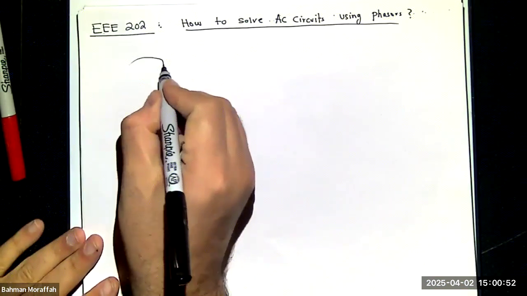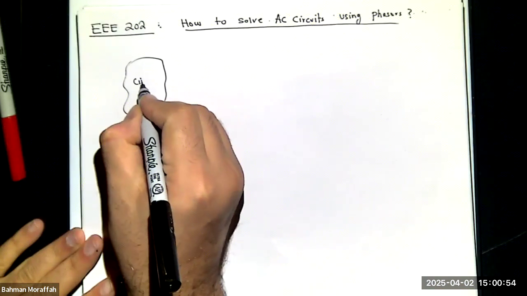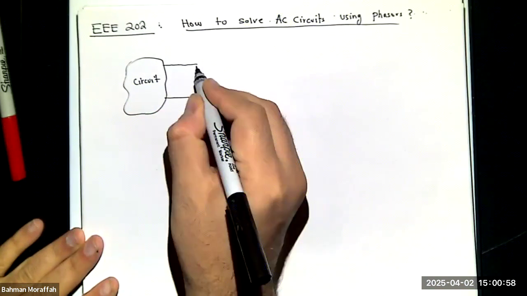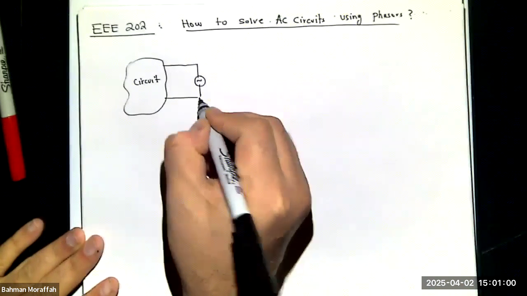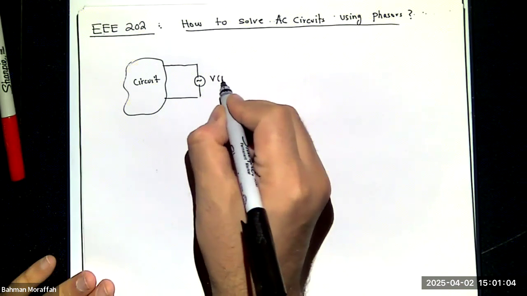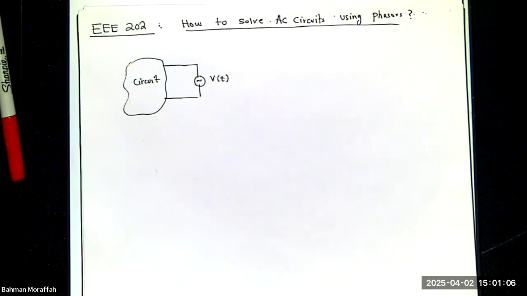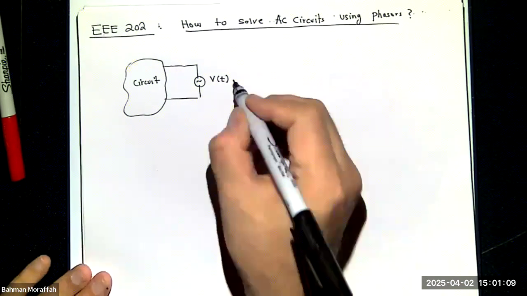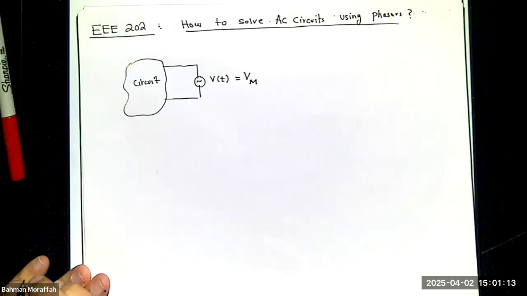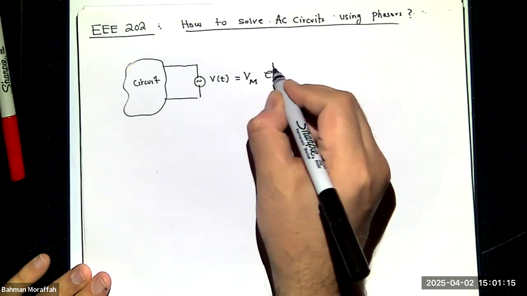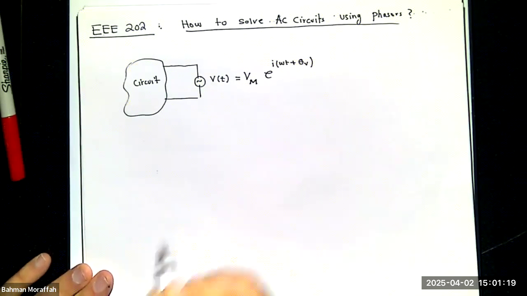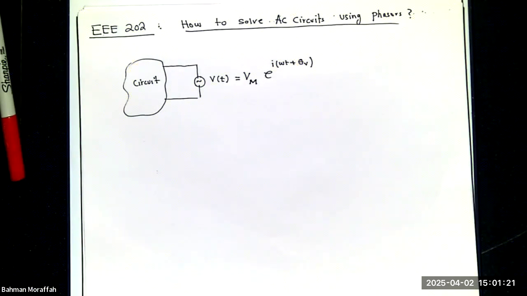So assuming we have a circuit, and this circuit is connected to, let's just say, some source, right? And let's just call this source V(t). Let's just say this V(t) is some magnitude Vm times e to the j(omega t plus theta v), right?